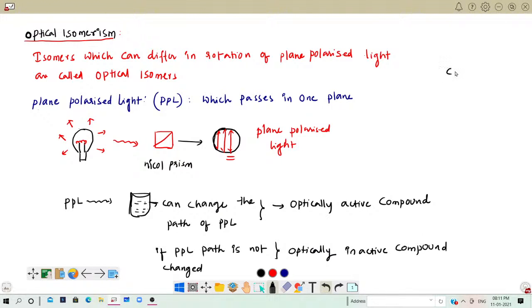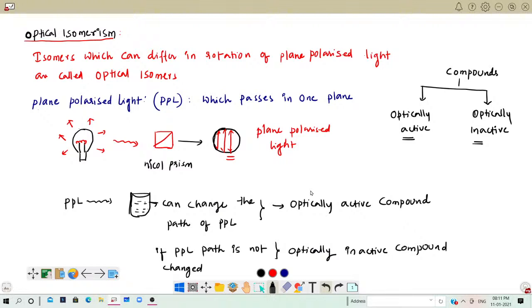So we can write here: compounds are classified into optically active and optically inactive.